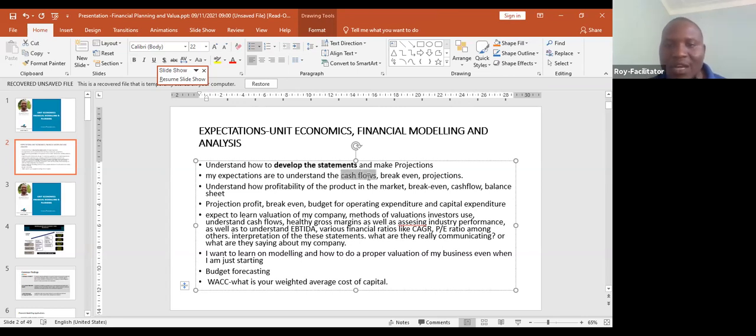You've now understood a bit about cash flows, break even, and projections. That one we've worked on. Balance sheets have been covered. Profit, break even, budgets. When you budget, obviously, your cost items are either going to capital expenditure or you are going to borrow.